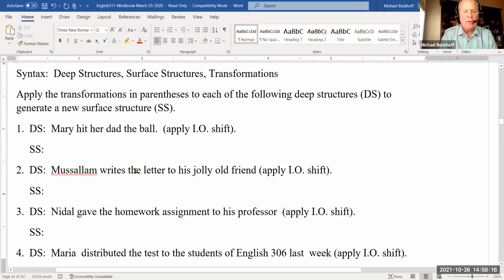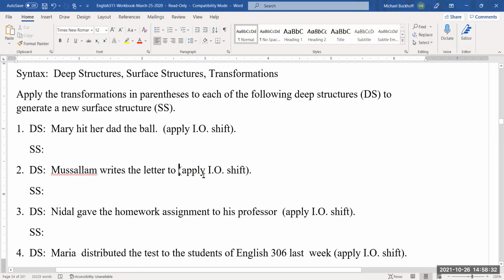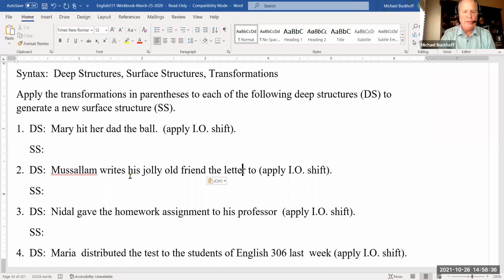Muslim writes the letter to his jolly old friend. I have a pretty good noun phrase here. So we have to take his jolly old friend. Where do we put it? The beginning. After writes. And then we're going to delete the preposition.